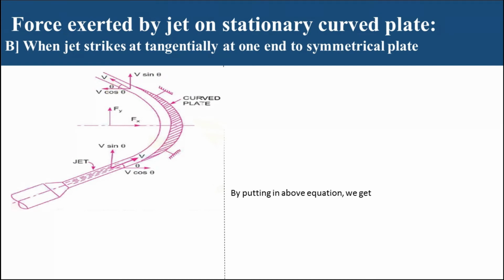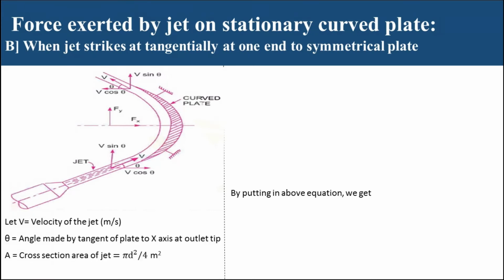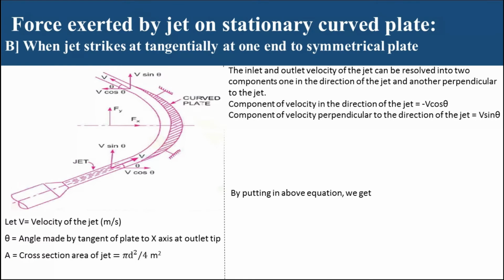Let the velocity of the jet be v meter per second, theta the angle made by the tangent of the plate to the x direction, and d the diameter, so capital A equals pi by 4 d square, the cross-section area of the jet. Now the inlet velocity v, which makes an angle theta with the x direction, can be resolved into two components: one is v cos theta and the other is v sin theta, at inlet.